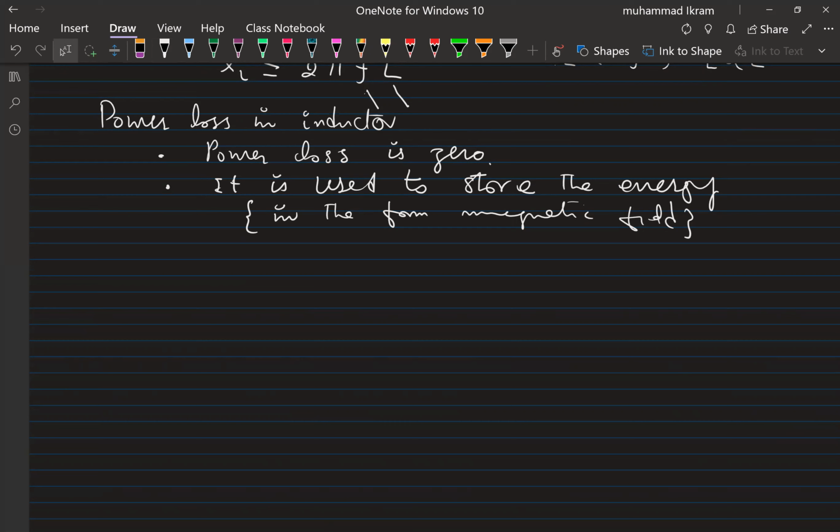Look, the power expression is, we know that power is equal to what? Power is equal to the IV average value.